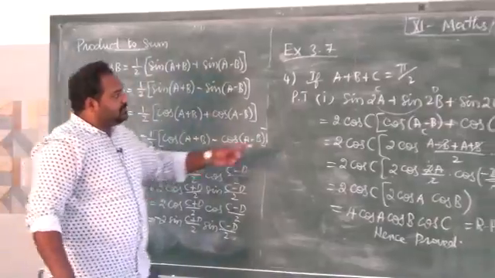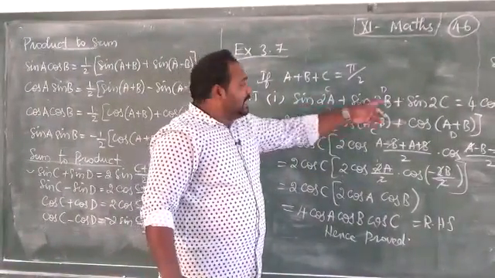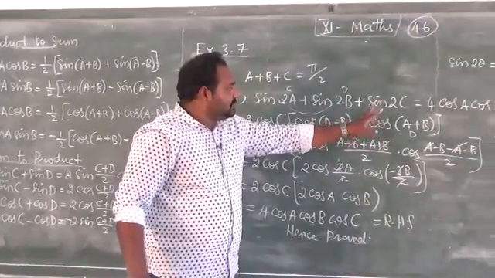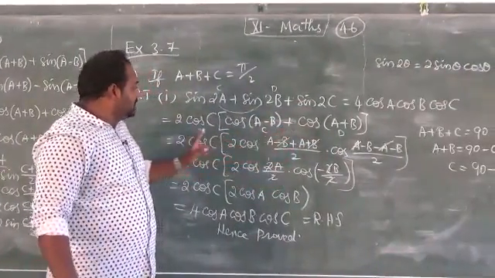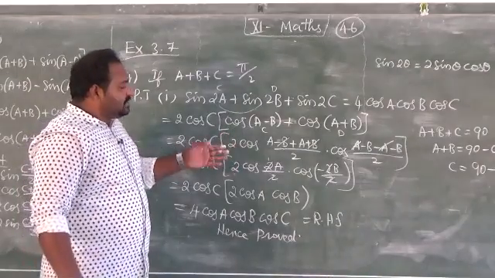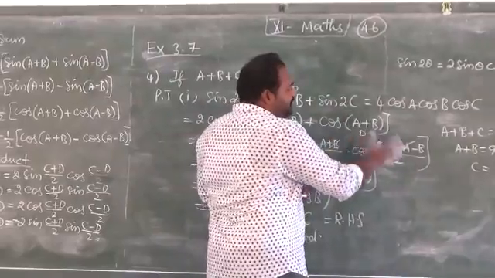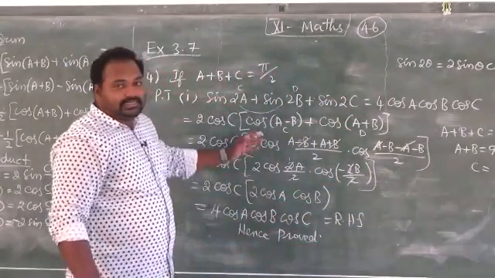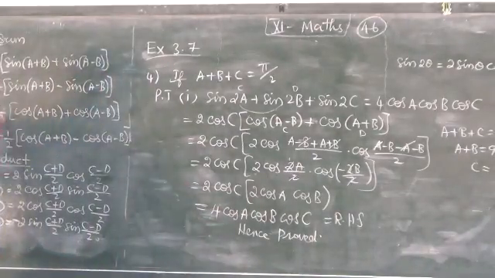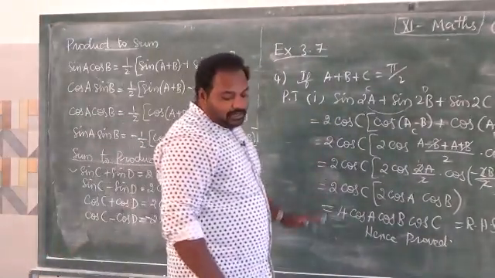In this first LHS side we have to use this, and then next one, the third term, we have to change according to the common factor which was taken here. So using that one we have to change the third term and we will get the answer. All this depends on the product to sum and sum to product formulas. So second one you can do on your own.